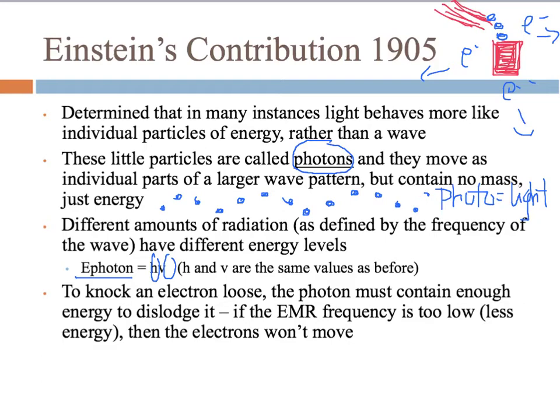So if the frequency of the wave is really, really low, then it isn't containing enough energy to knock an electron off its course. It will just hit the metal object and be absorbed. If, however, the frequency is much higher and it contains enough energy, then it's enough to hit this electron and shoot it off into some new pathway.